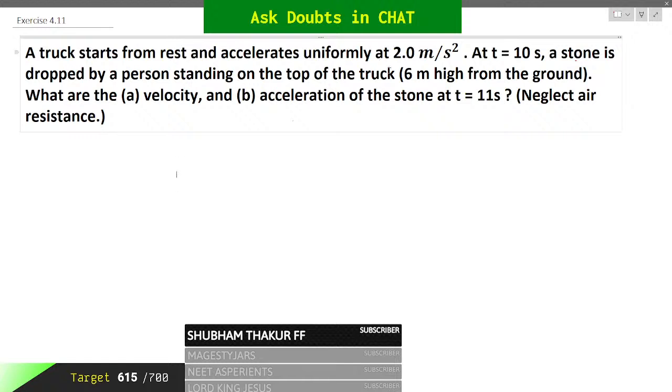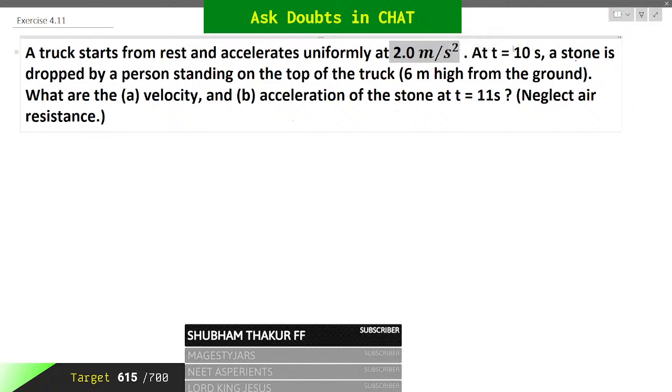We should keep in mind that whenever a body is dropped from an accelerating body, at the instant it is dropped, the body that is dropped has the same velocity as the body from which it is dropped. So in this question we have a truck which started from rest, that is the initial speed is 0, and accelerates uniformly at 2 meters per second square.